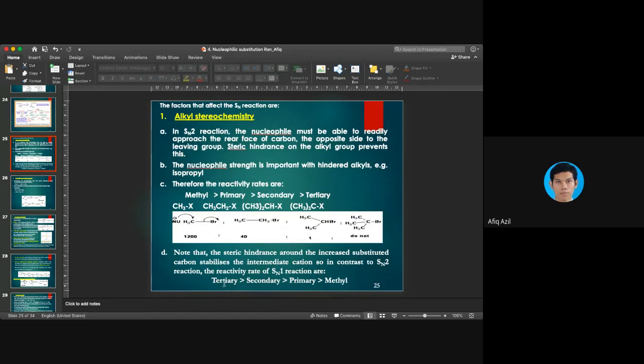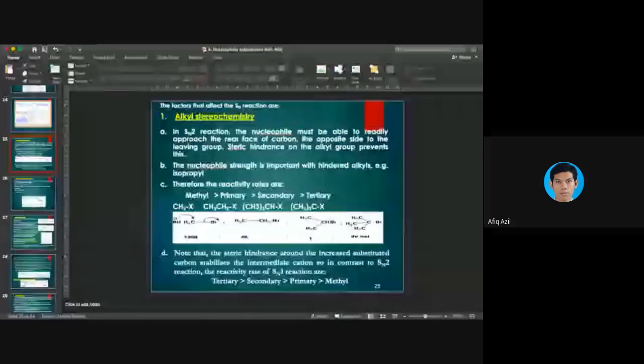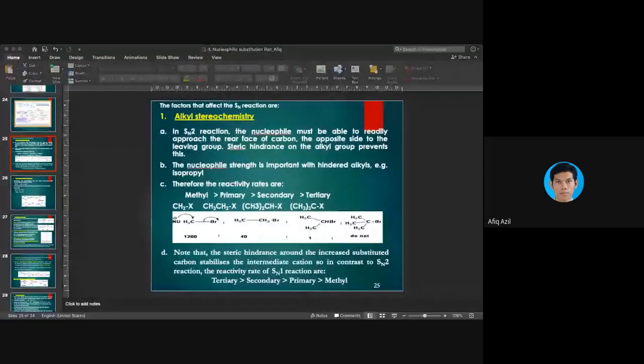SN1 prefers tertiary. Why tertiary? Because if this bromine goes out, bond break, it will form a carbocation, correct? But the carbocation will be tertiary.